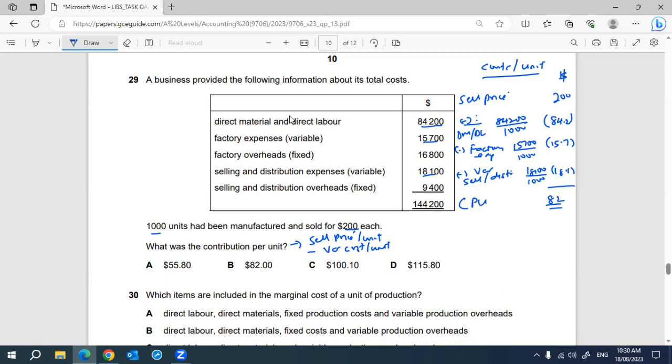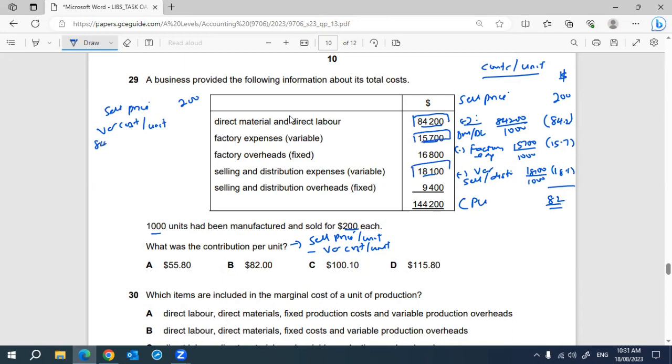Now, a quick way of doing this is, since we know the selling price as 200, to get the variable cost per unit, we simply add all the variable costs, which I'm putting up in boxes.